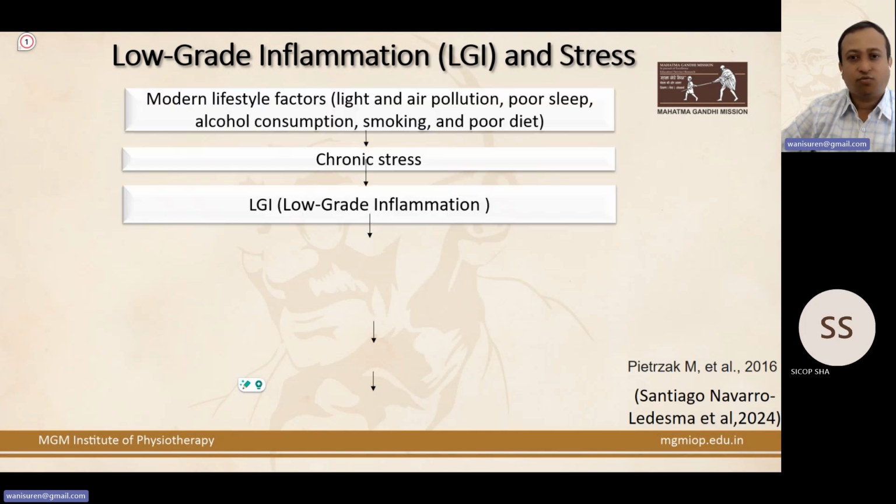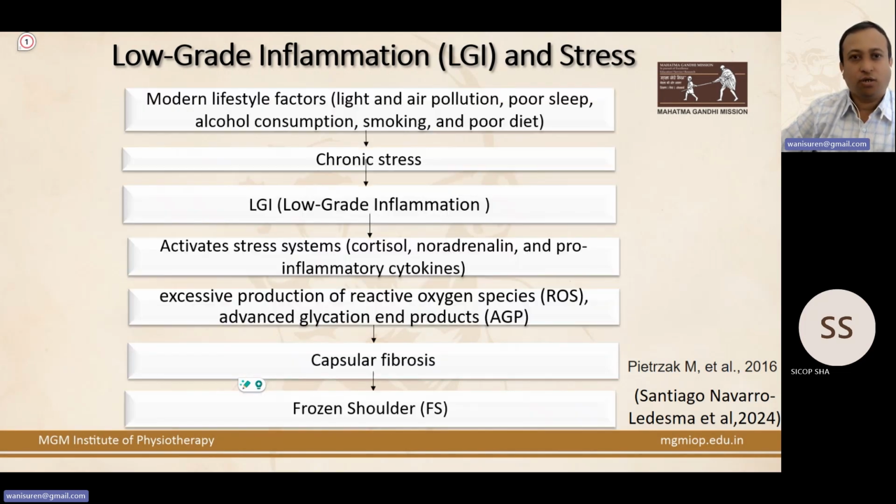Another theory put forward nowadays is continuous low grade inflammation along with stress. Low grade inflammation is commonly present in the aged population or elderly people, and stress is there because of modern lifestyle factors.